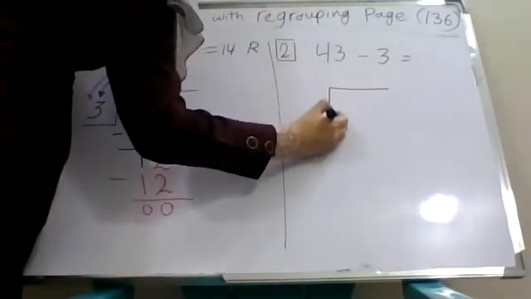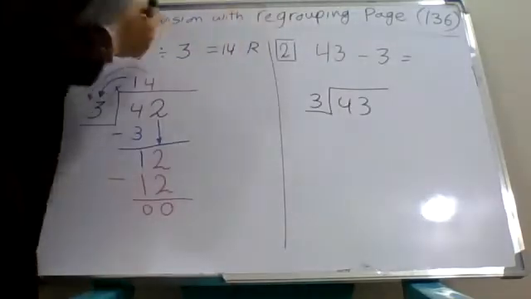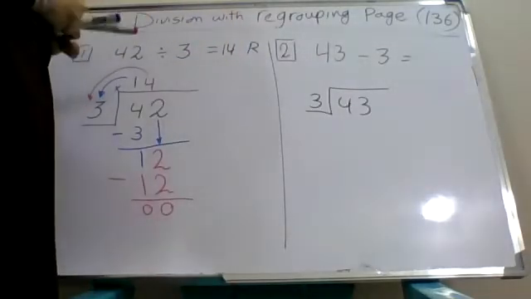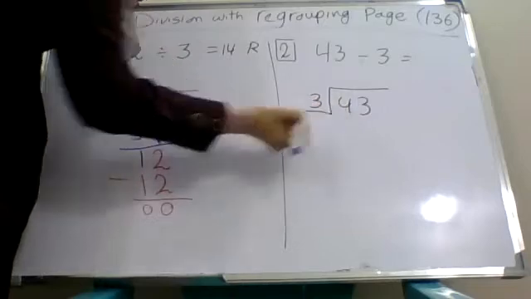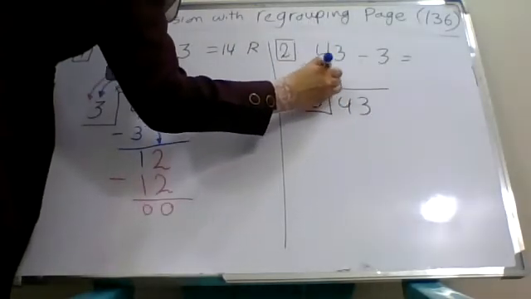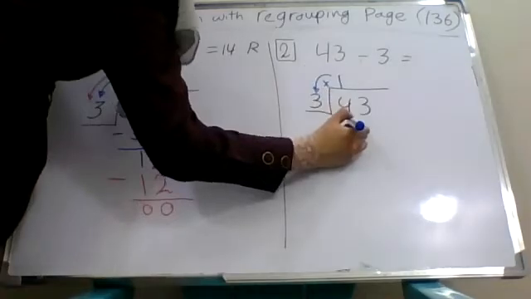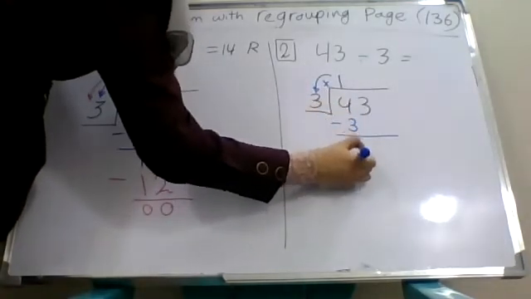I have 3 here, and I have 4 and 3, okay? I will start with the first number near to the 3, which is 4. How many 3s inside this 4? I have only 1. I write 1 again, then I multiply. 1 times 3 equals 3. Put it down. 4 take away 3 equals 1.